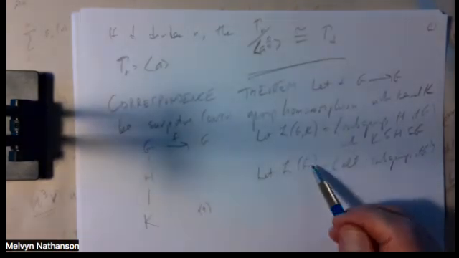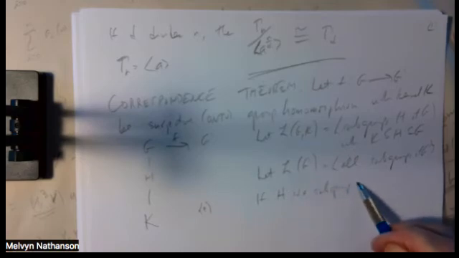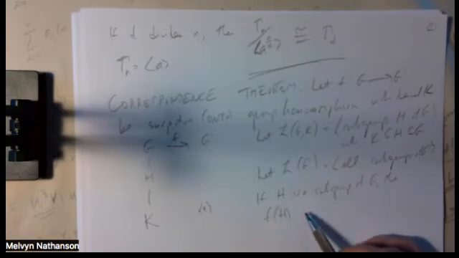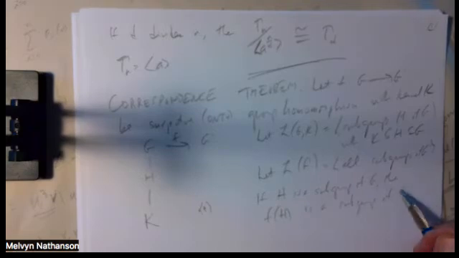So L of G, K was all subgroups of G that contain K. L of G prime is just all subgroups of G prime. So I want to notice if H is a subgroup of G, then F of H is a subgroup of G prime.